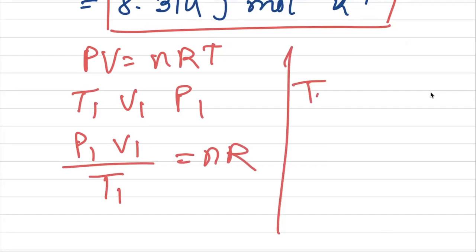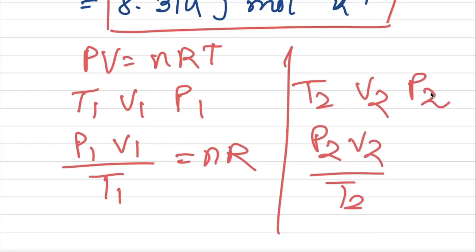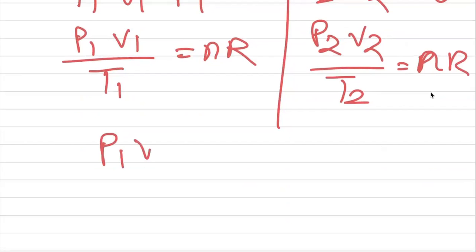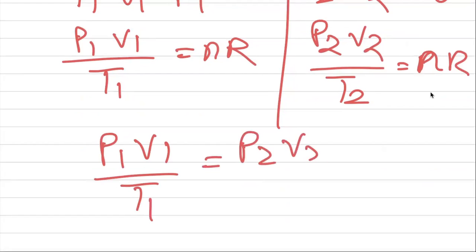Also, if temperature is T2, volume is V2, pressure is P2, we can write P2 V2 by T2 is equal to nR. Here n and R will be constant, because the number of moles is fixed and R is a gas constant. So from this equation, what can we write? P1 V1 by T1 is equal to P2 V2 by T2.